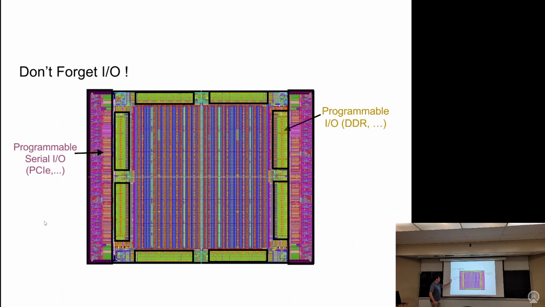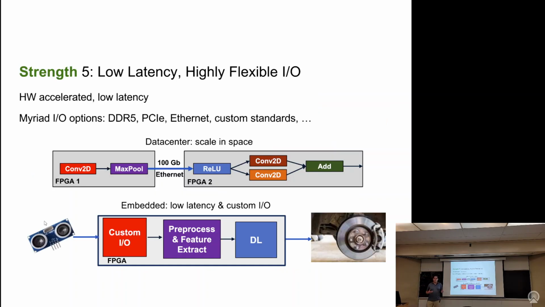Okay, and the last strength is I/O. I talked about programmable I/O as a big value add for FPGAs. How does that map to deep learning? It doesn't matter too much, well, it can matter some in a data center to have low latency I/Os, but where it matters more is when you're doing inference in the embedded market, where you don't know where you're going to do it.